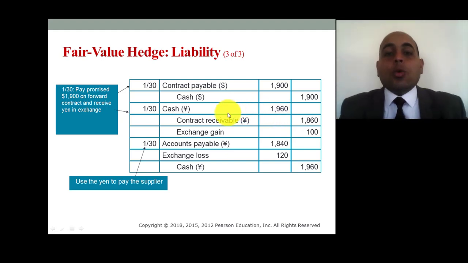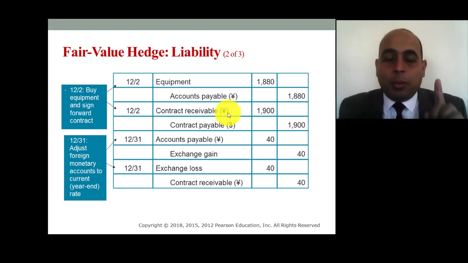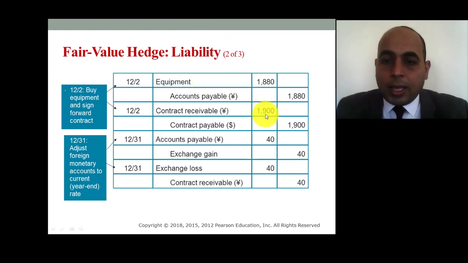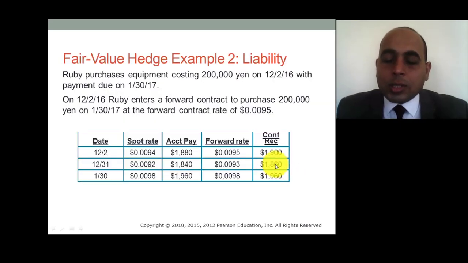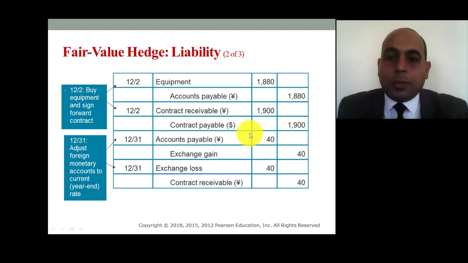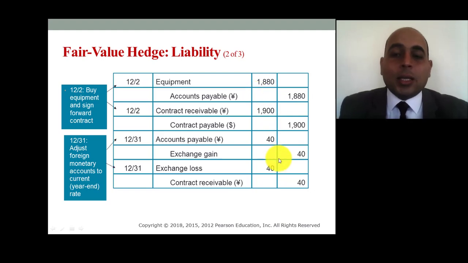Against the contract receivable. Contract receivable balance on the settlement date: look, it's debited by 1,900 and credited by 40. So the amount we own is 1,860.